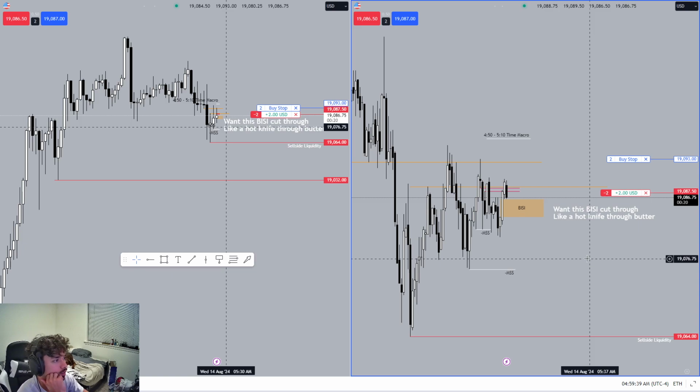So we're at it right now. You want to see it bleed into it. Just cut right through it. It's respecting it. No bueno.